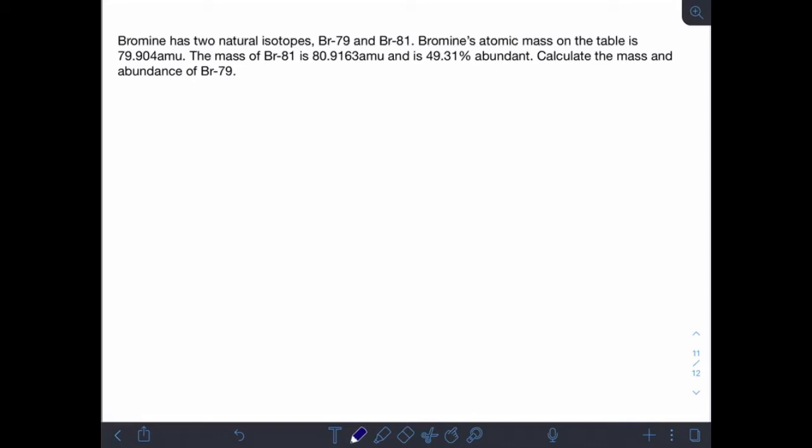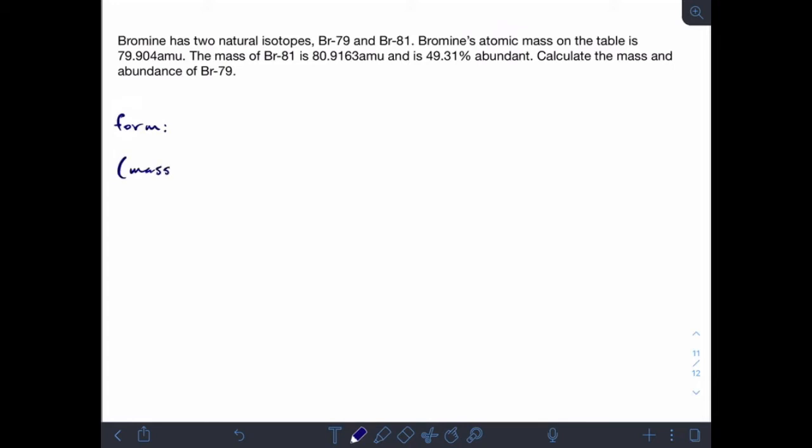So the most useful thing is to outline the form. Remind yourself, what is the general form of this equation? So we have mass times abundance.